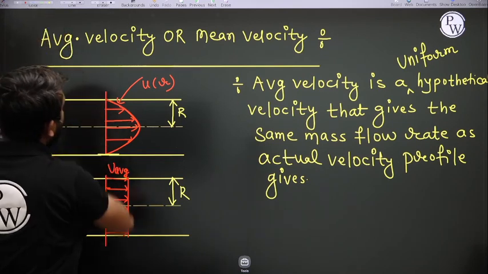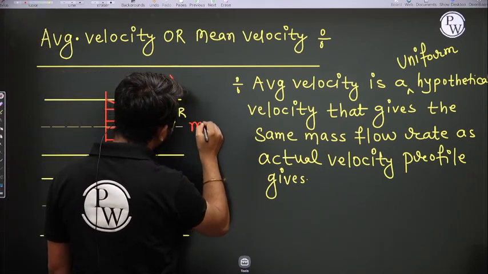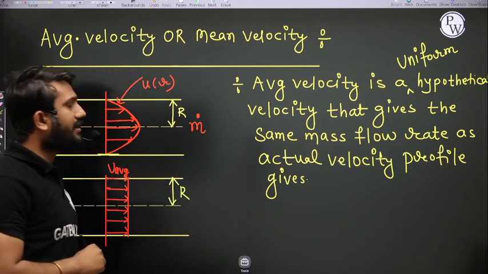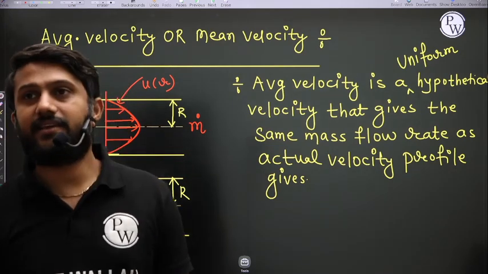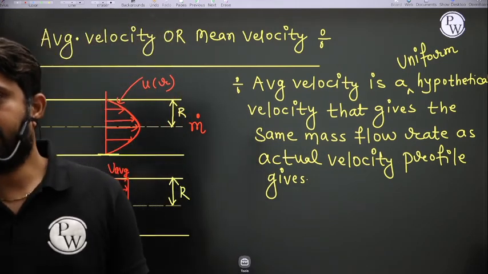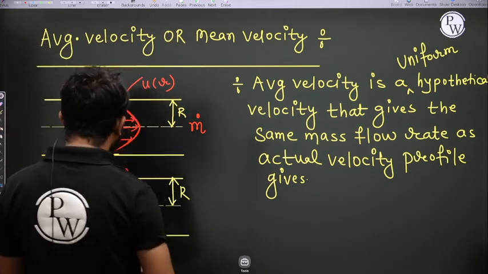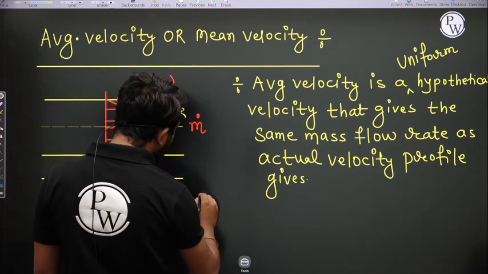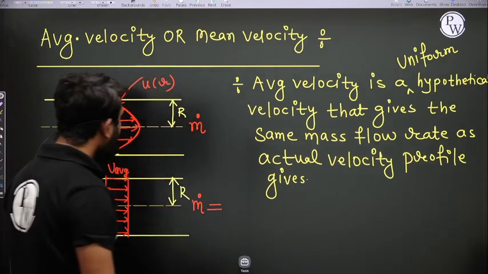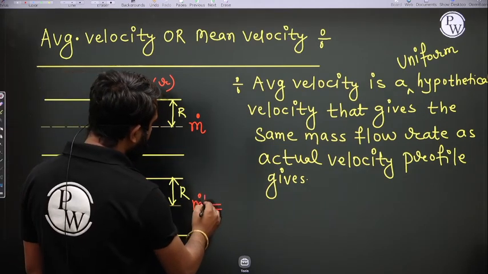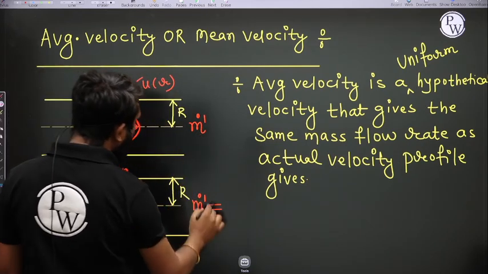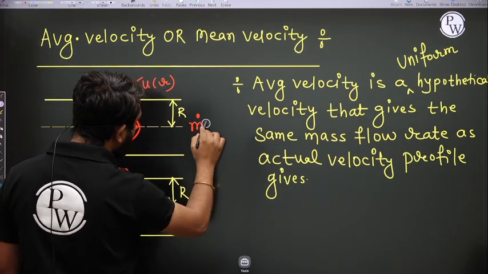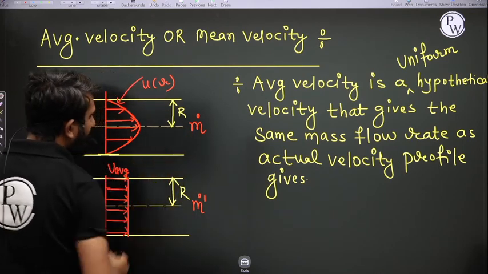So if you are calculating the mass flow rate by considering the actual velocity profile, or the variation of the velocity, and if you are calculating the mass flow rate by considering the average velocity, let us assume this is the m dot dash and this is the m dot.